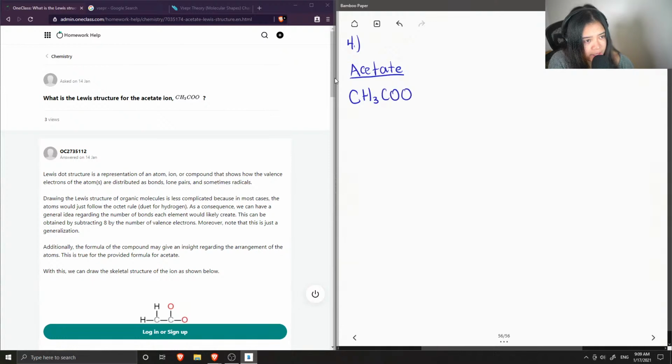So I'm just going to add that in. Okay, so first let's find the total number of valence electrons. So this will help us in drawing out the Lewis structure for the ion.